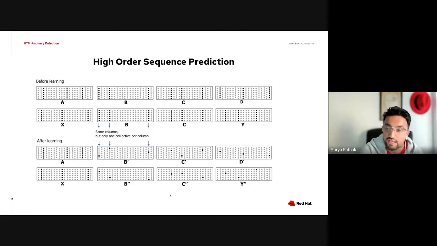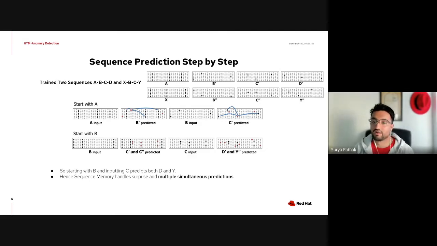More elaborately, if I look into it, what is happening is I'm placing the A input over here. Now these neurons are predicting B over here. These neurons are taking the configuration of B in the predictive state, as we can see by the red points over here.